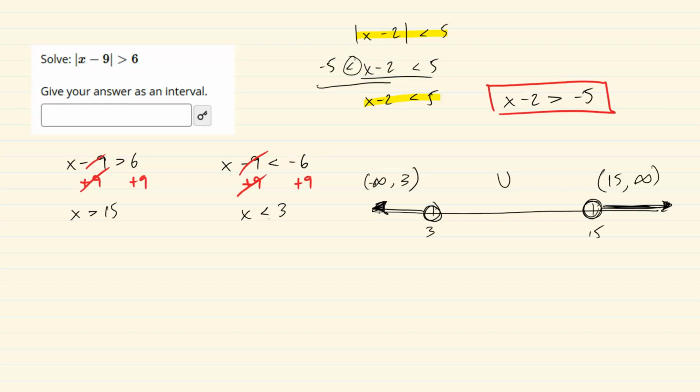It goes up forever. And that's how we would write it in interval notation. So we would write it as negative infinity to 3 union 15 to infinity.